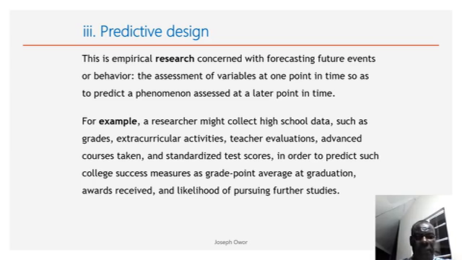An example, a researcher might collect high school data, such as grades, extracurricular activities, teacher evaluations, advanced courses taken, and standardized test scores in order to predict college success measures such as GPA at graduation, or awards received, or likelihood of pursuing further studies.